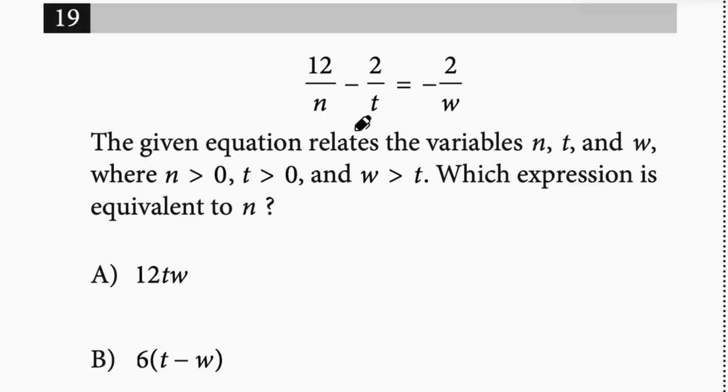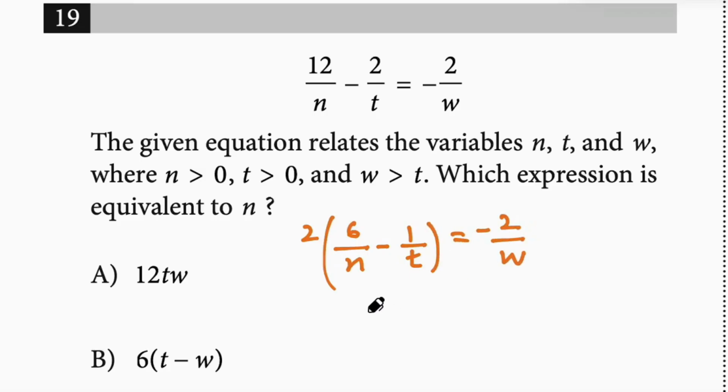So let's do some calculations to make it easier. As we can see, 2 is a common multiple here, so let's take 2 common from both sides. Now dividing by 2 on both sides, this is 6 over n minus 1 over t is equal to negative 1 over w.